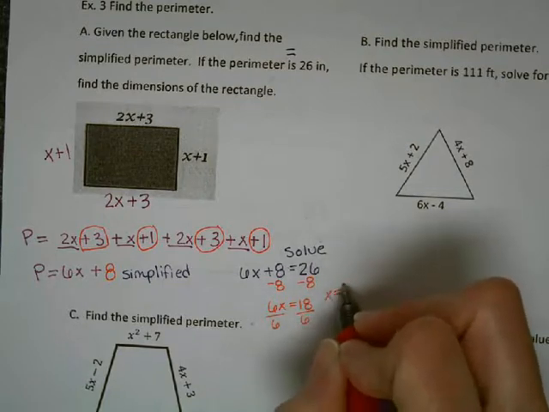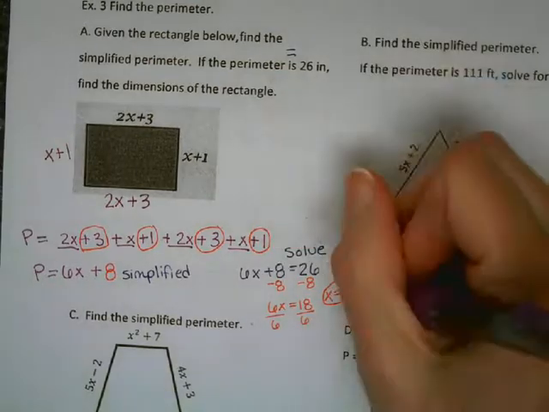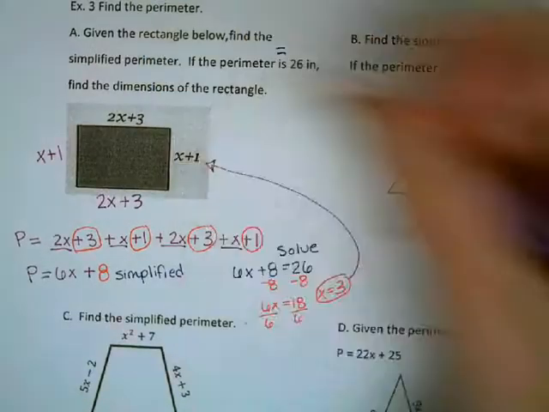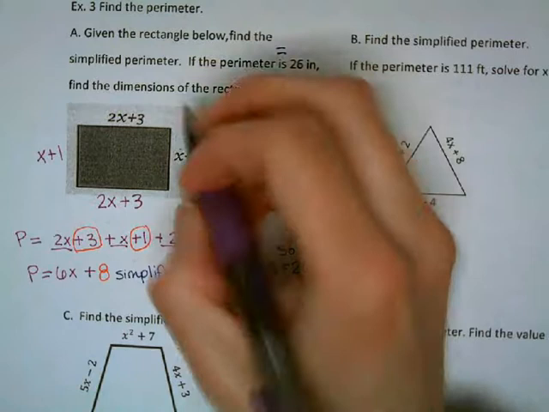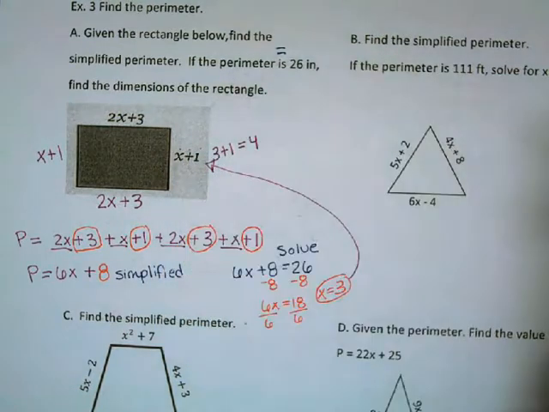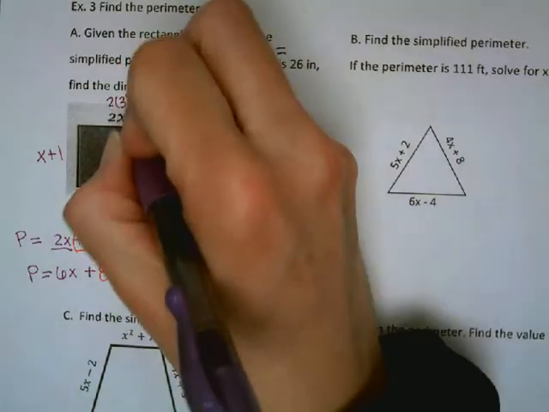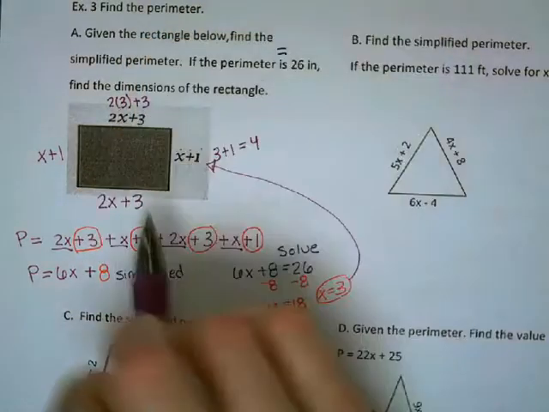The word dimensions means plug that number in and find like your length and your width. So if you plug a 3 into your picture, 3 plus 1 equals 4. If you plug 3 up here, 2 times 3 plus 3, 2 times 3 is 6, plus 3 equals 9.